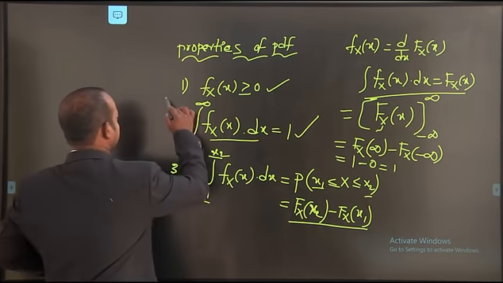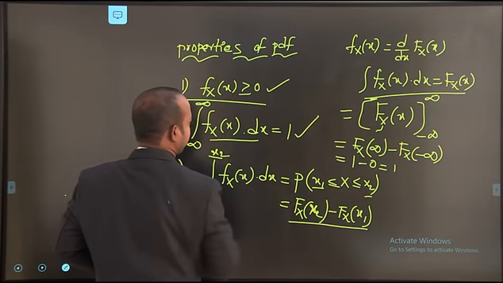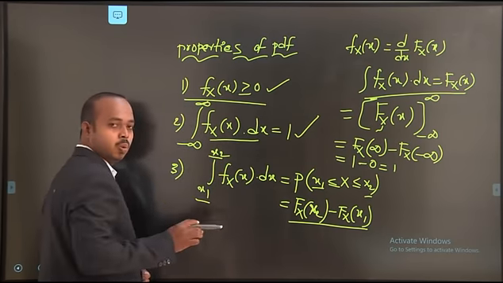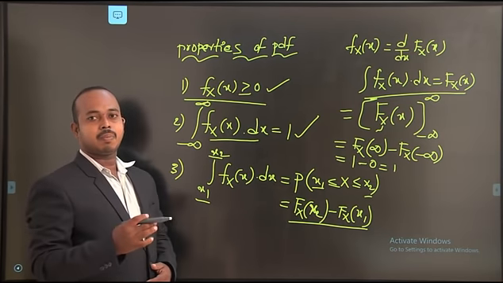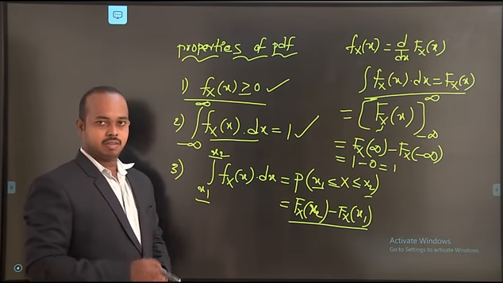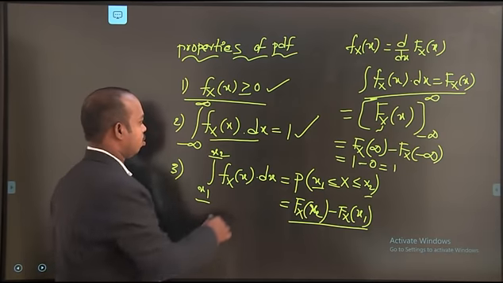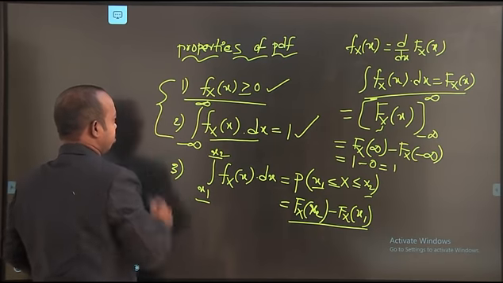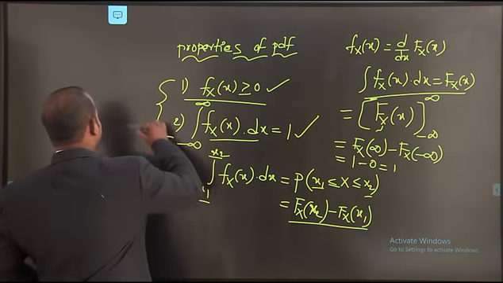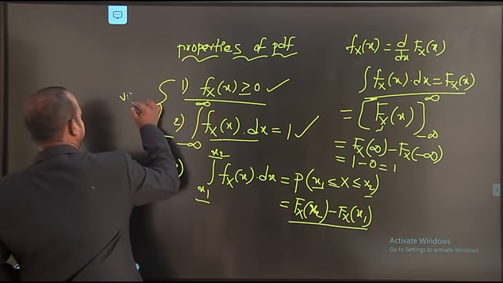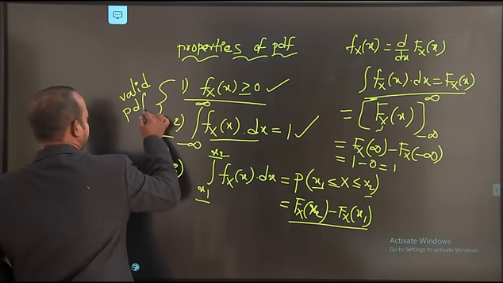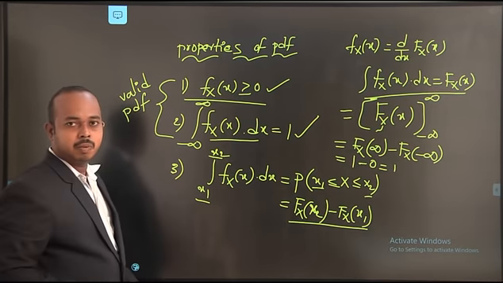The first is fx of x is greater than or equal to 0, and the second is the integral from minus infinity to plus infinity of fx of x into dx is equal to unity. Any function that satisfies these two conditions, we can call a valid probability density function.